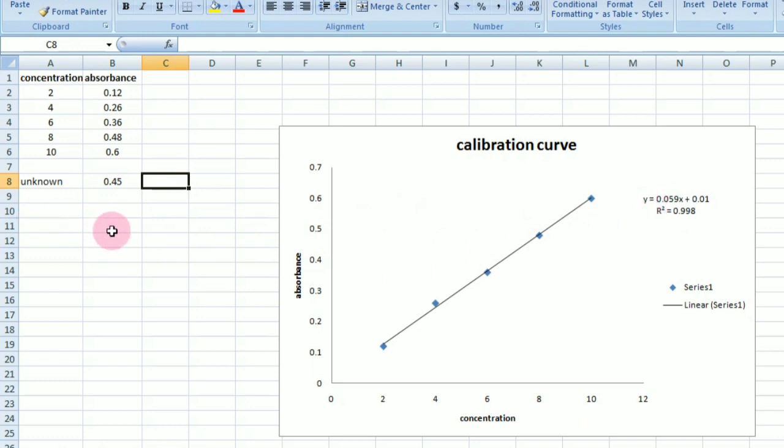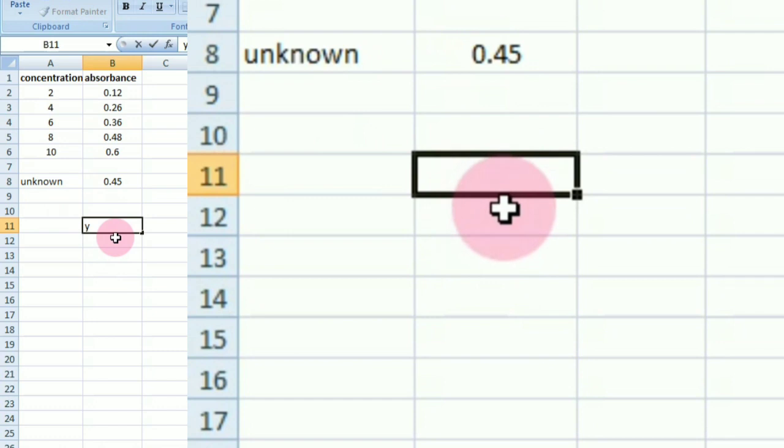Let me type the equation first here: y is equal to 0.059 x plus 0.01. This is the equation that I have got.